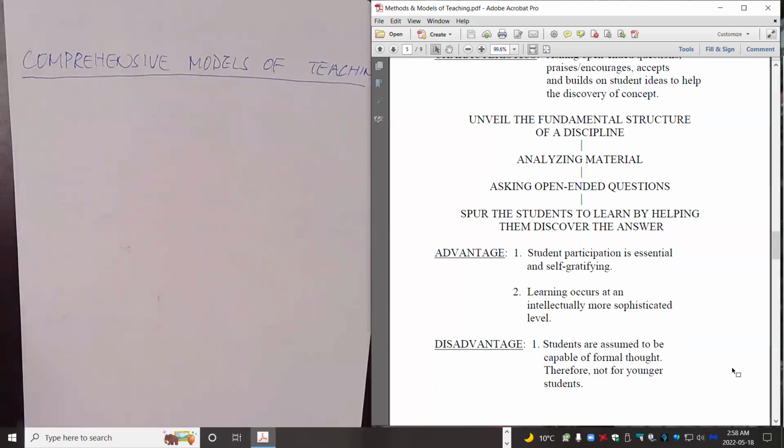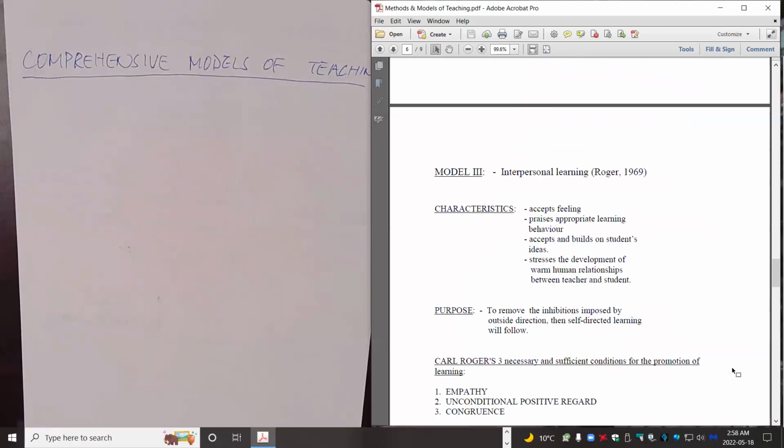Therefore it does not match younger students' developmental stage, so not suitable for concrete operational stage. Right? Discovery learning is gratifying, of course, but honestly, it is difficult.